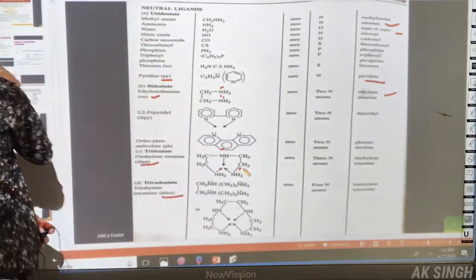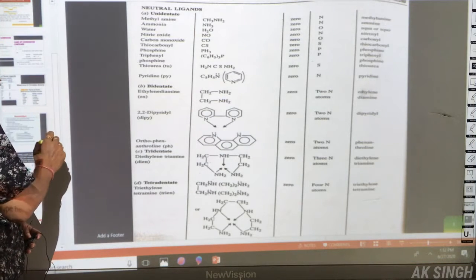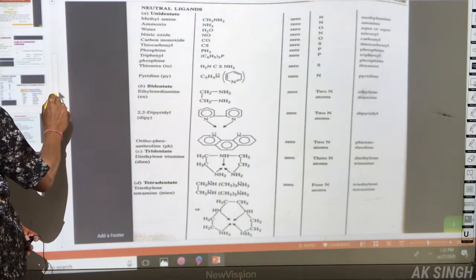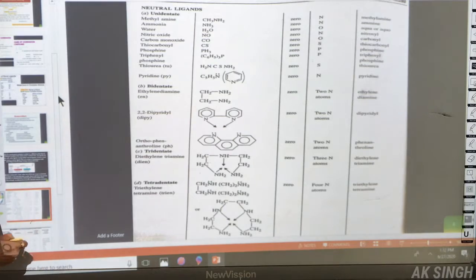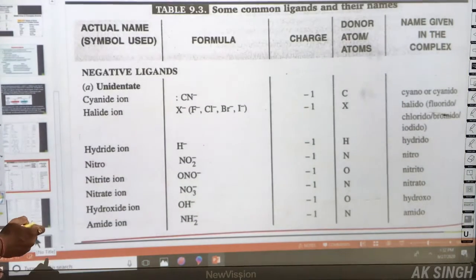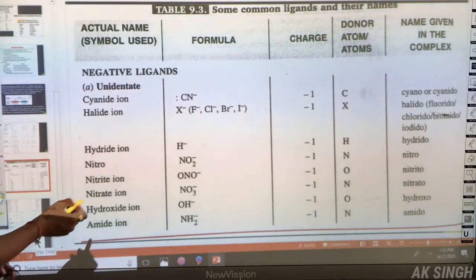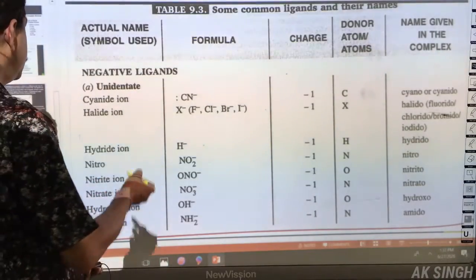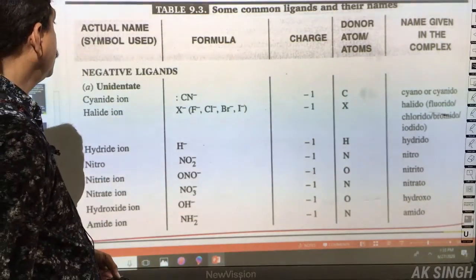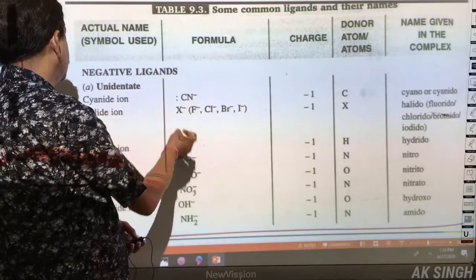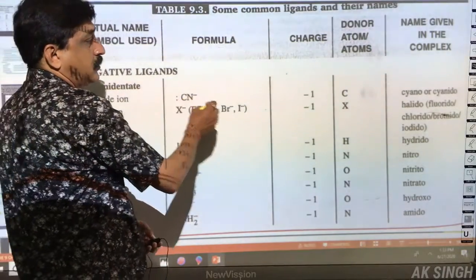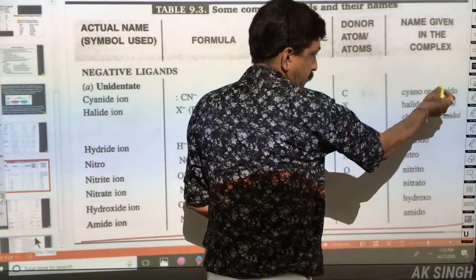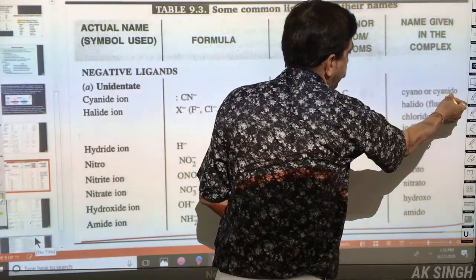Let us move to another one. More ligands. Examples of unidentate: cyano. It is written cyano, but in the latest nomenclature we will write cyanido.